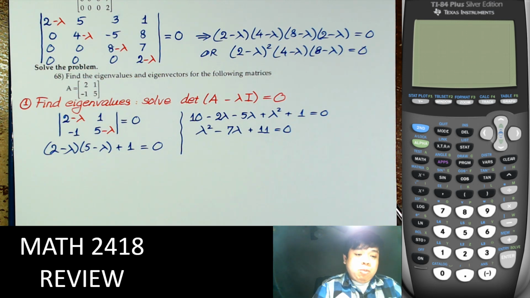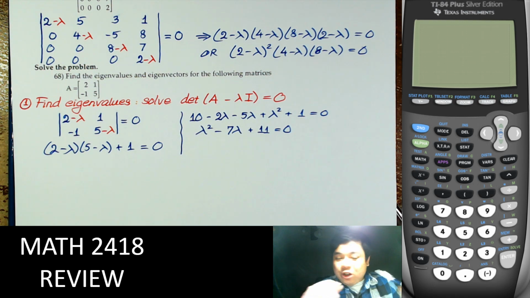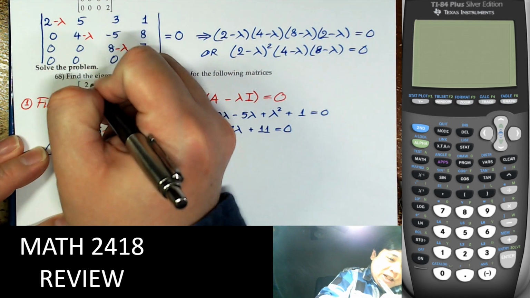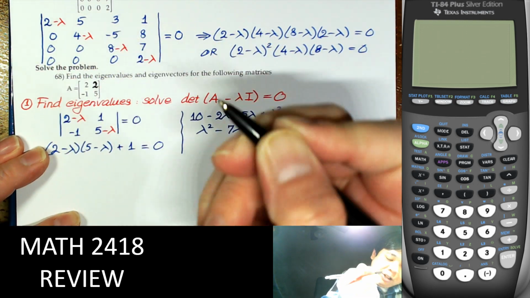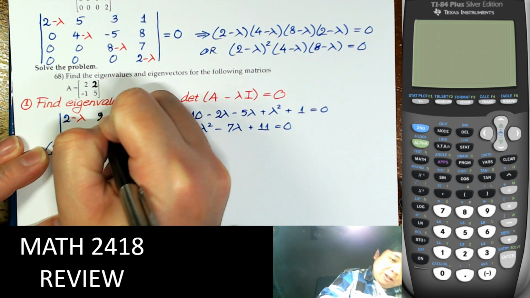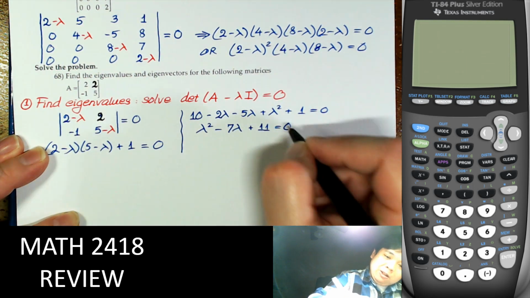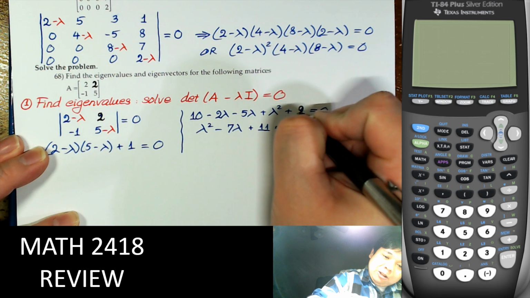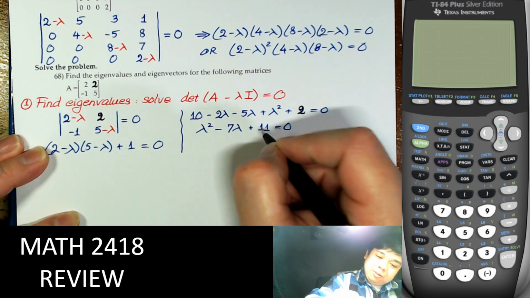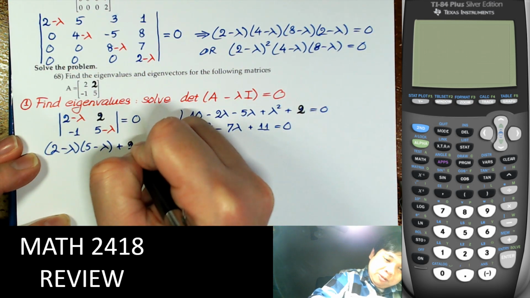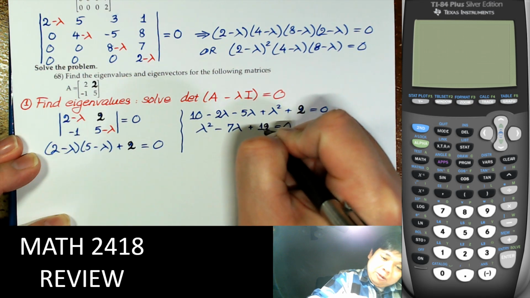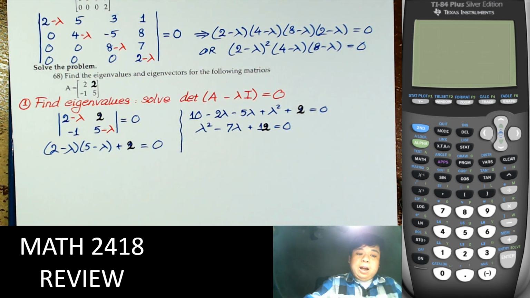Right, I have to pause the video because this equation doesn't have a nice answer. So let's change something real quick and make that a 2. That will be much better.